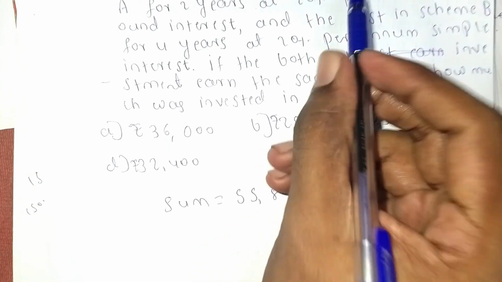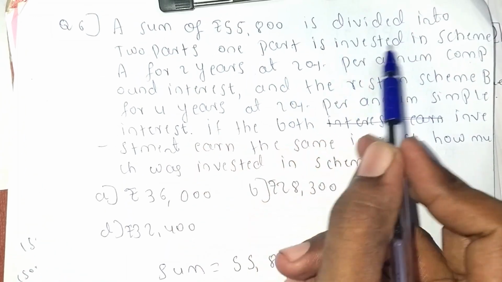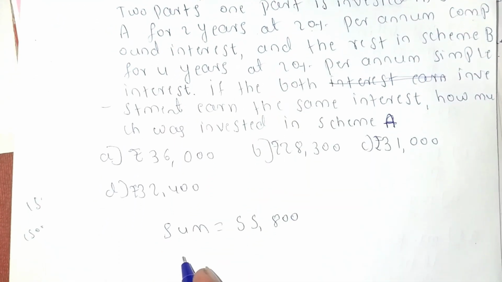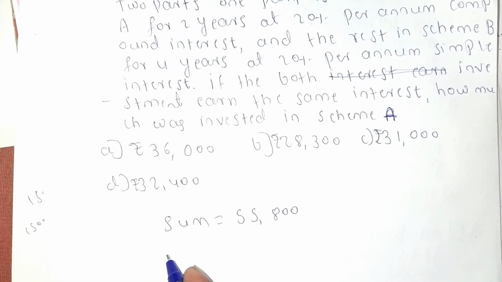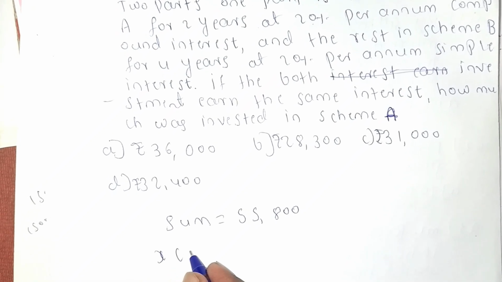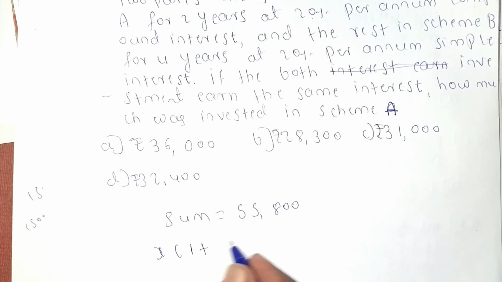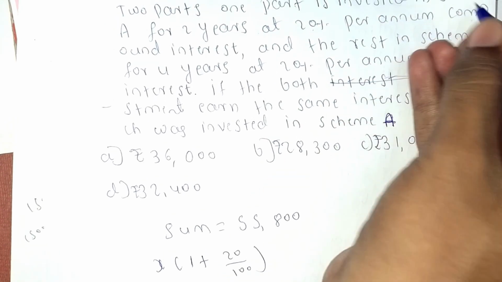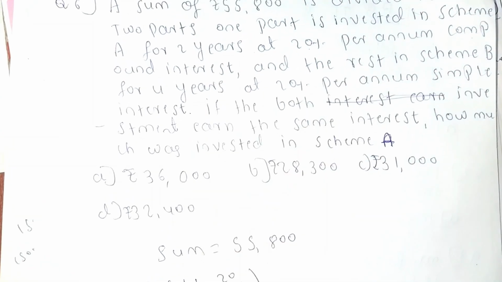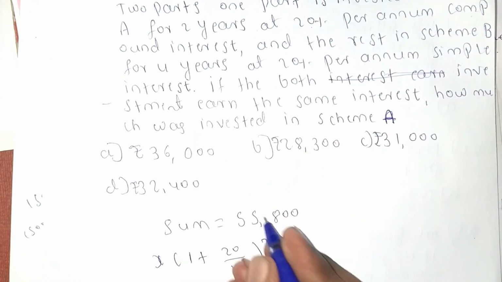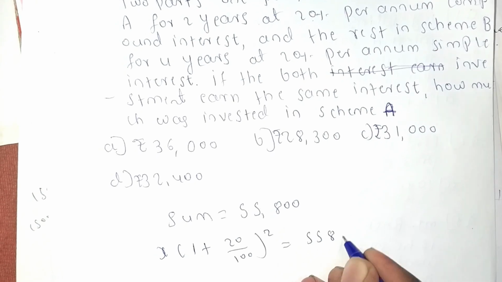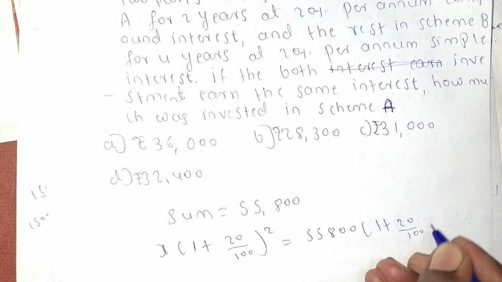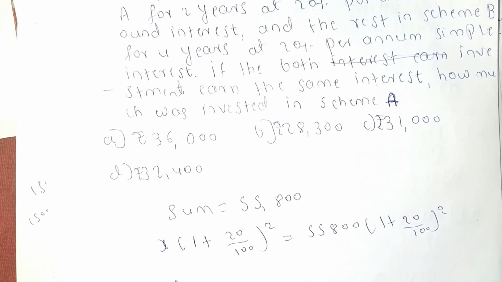So let's check here. The total sum of money is 55,800. We have two parts. One part is invested in scheme A for 2 years at 20% compound interest. As we know, the compound interest formula is x into 1 plus 20 divided by 100, power the number of years, that is 2. Here x is 55,800, the total money.